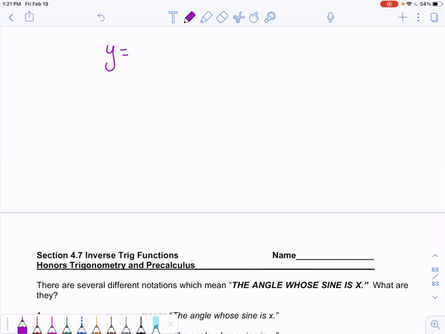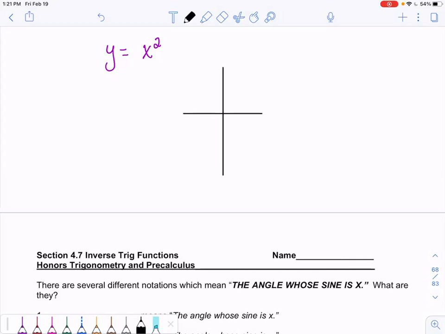So if you take the function y equals x squared, Daniel, what kind of function is y equals x squared? Yeah, a parabolic function, a parabola. Parabolic sounds much better though.